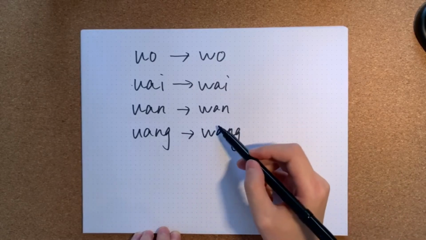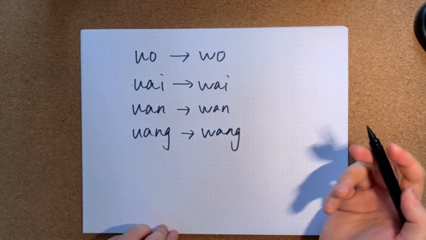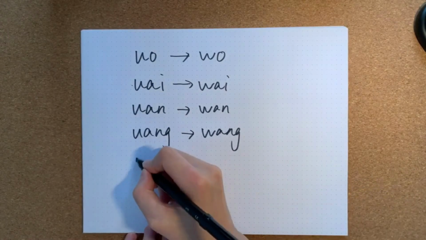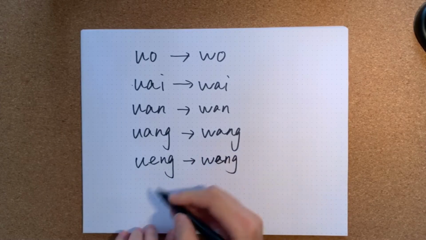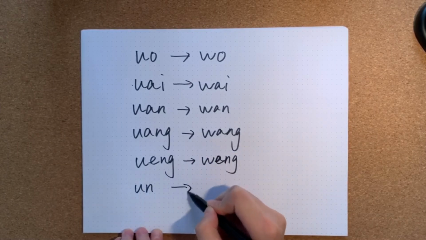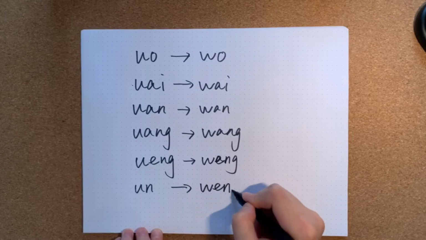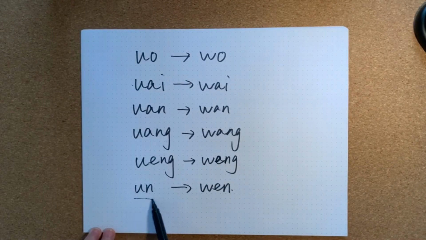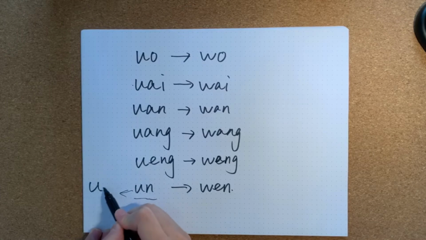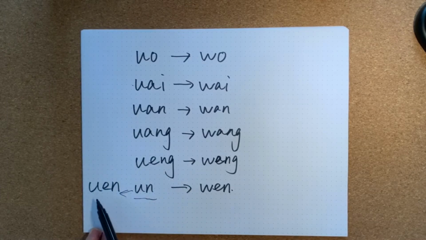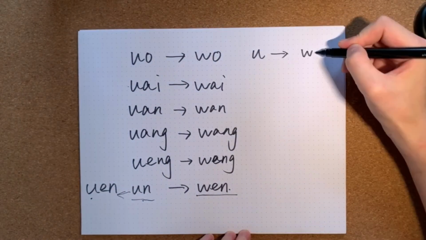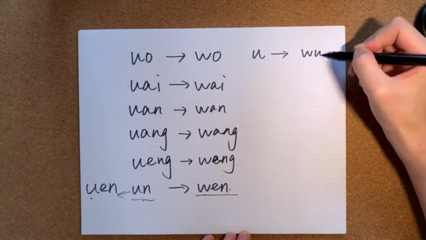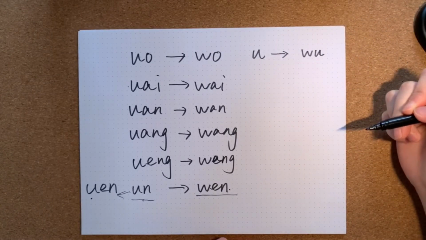If we give it a second tone, it becomes wáng. That's a common Chinese last name. ueng is written as weng, uen is written as wen. Please note here, this wen is spelled as u-n, un. That's why we changed this simple final U to W. We do have some characters that pronounce as u. We place an extra W before u as a placeholder to separate syllables.